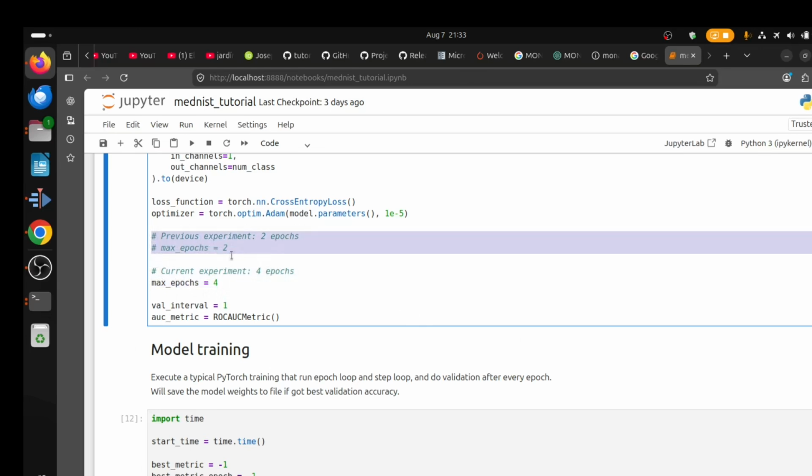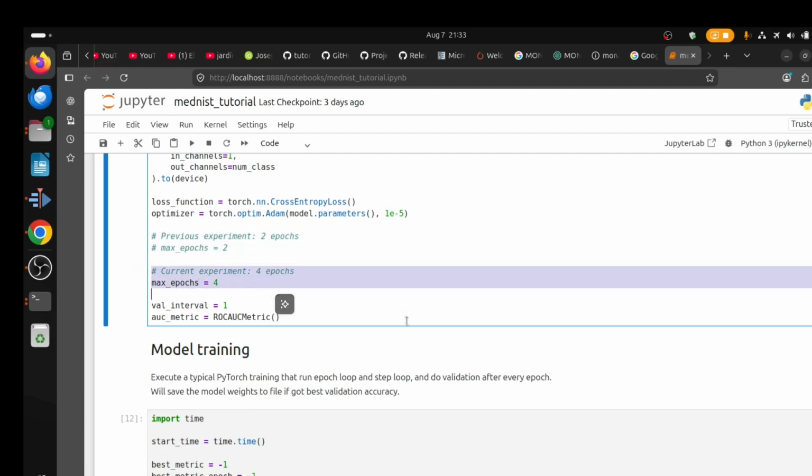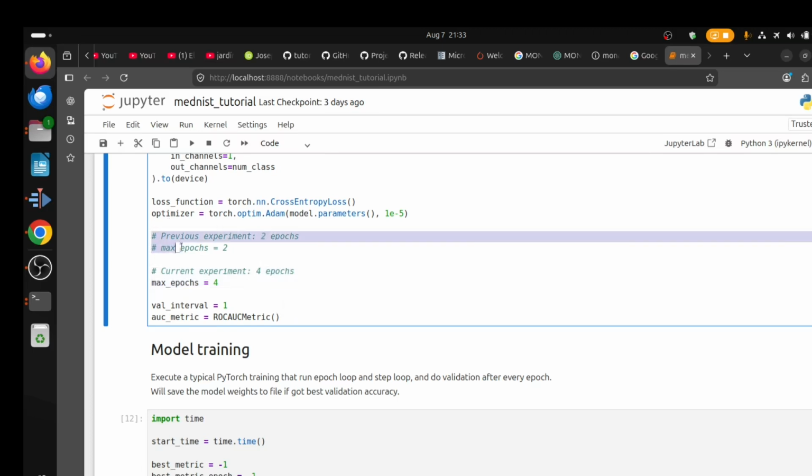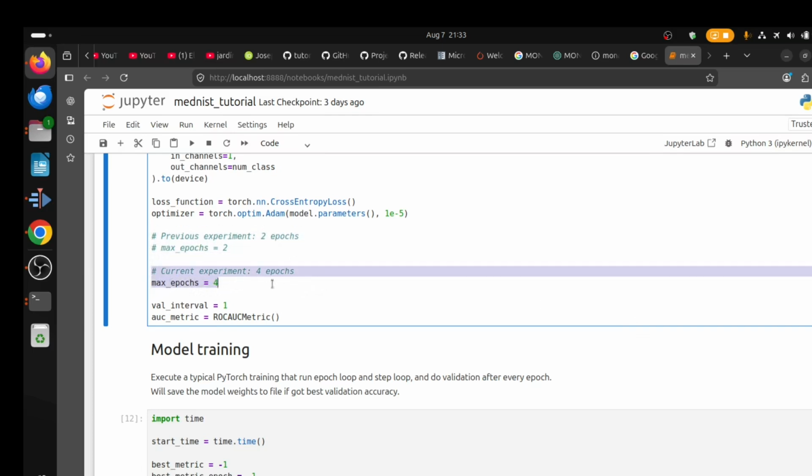Directly below it, I have changed the training to run for 4 epochs. Apart from this change, everything else remains the same. This allows us to observe how increasing the number of training epochs affects the model while keeping the rest of the experiment unchanged.